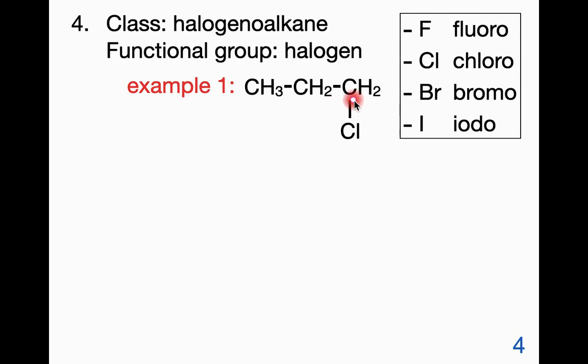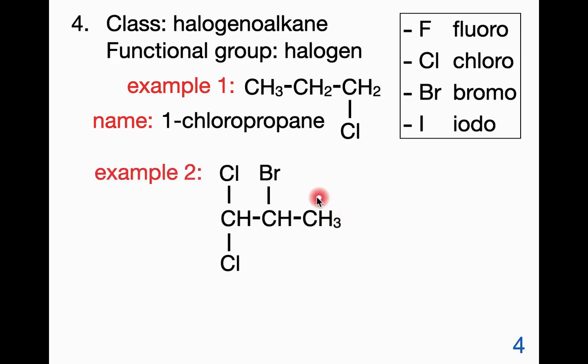So logic would tell you that we need a number to tell us where that chlorine is, and it's off of carbon number 1. So the name of this is 1-chloropropane. So 1 for the first carbon, chloro for being chlorine, the functional group, and it's off of a 3-carbon chain, which would be propane.